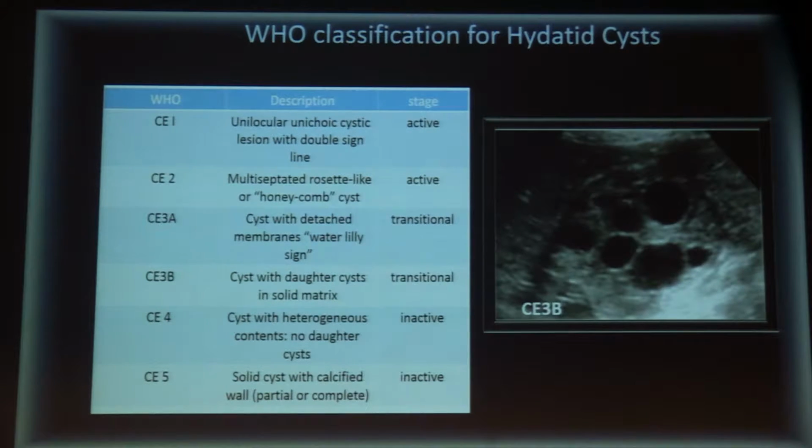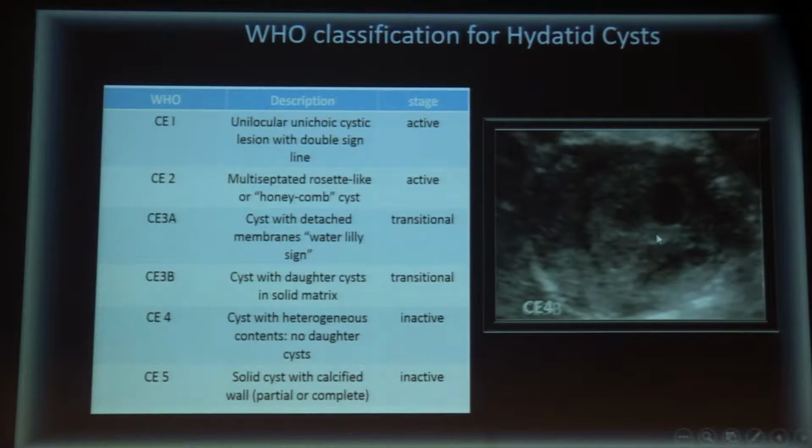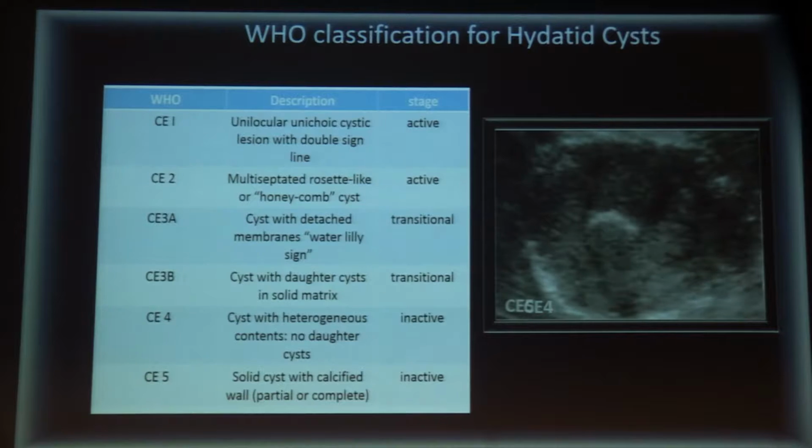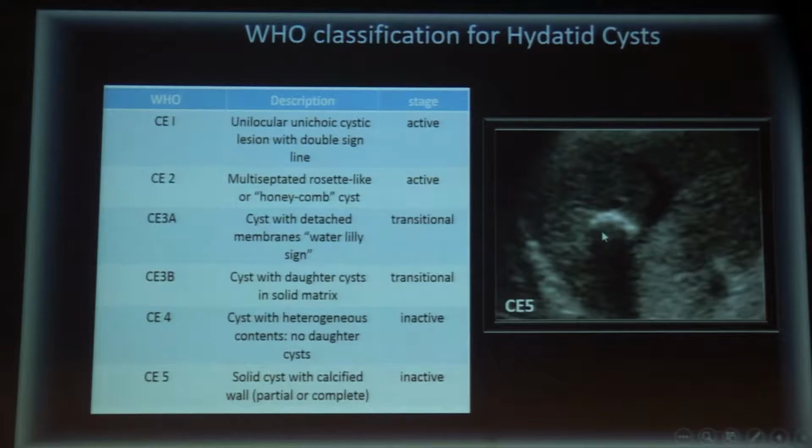And as you go on, these cysts develop solid components within them, and the more solid they appear, the less active they are. So this is category 3B. There are solid components within these cysts with the cystic components. Category 4 looks completely solid, and as they develop calcifications, they turn out to be inactive.